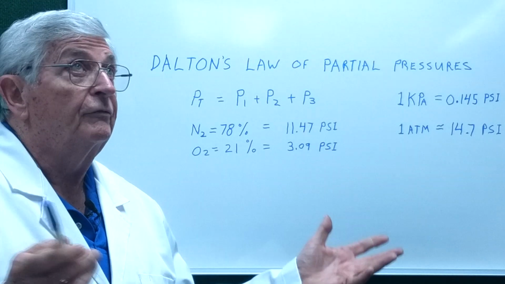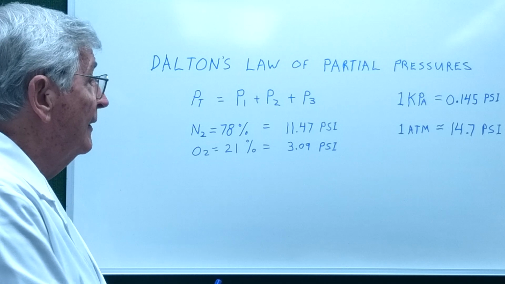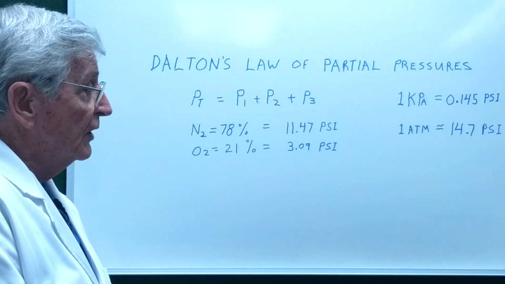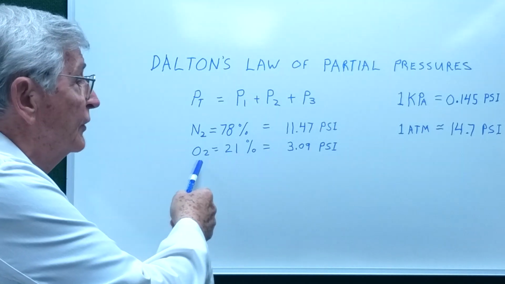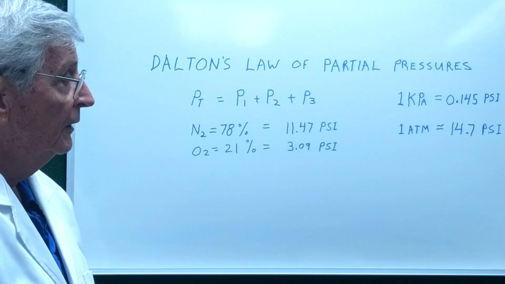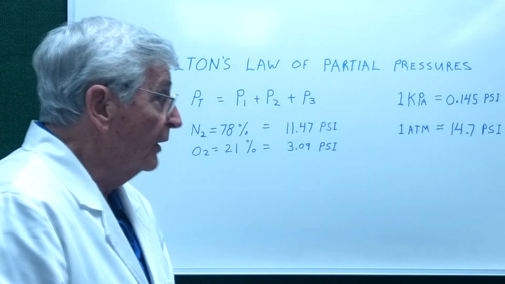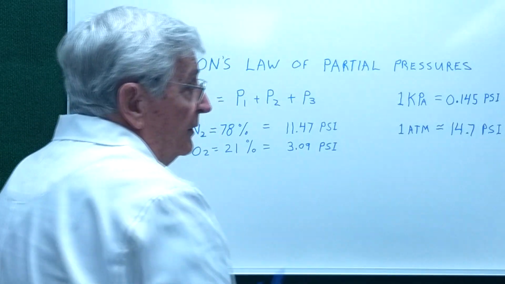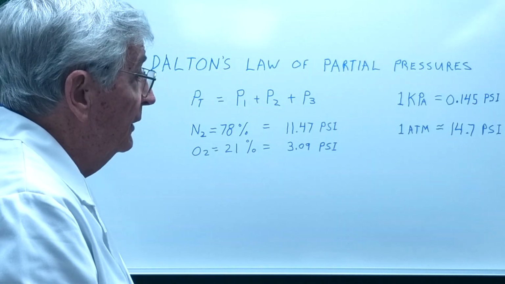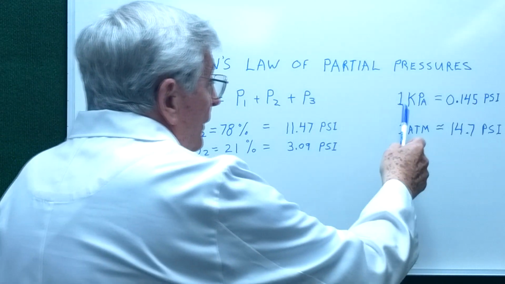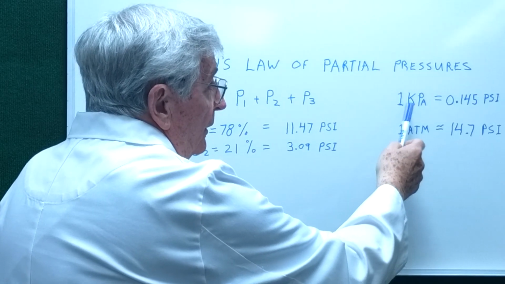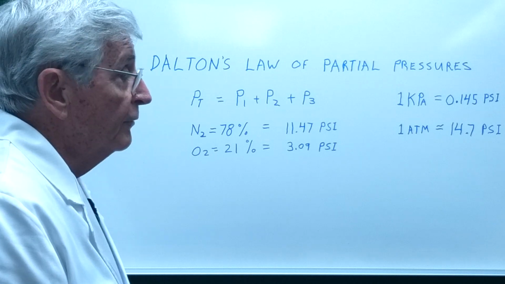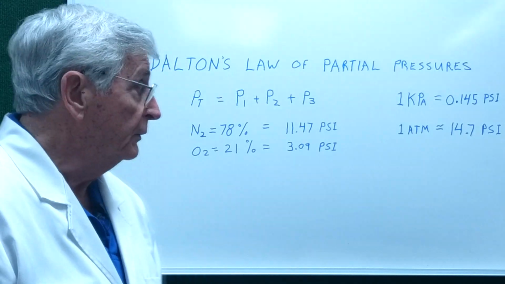Now, in the case of the atmosphere around us, we have 78% nitrogen and 21% oxygen. Nominal atmospheric pressure is 14.7 pounds per square inch. And for the metric people, 1 kilopascal is equal to 0.145 pounds per square inch.